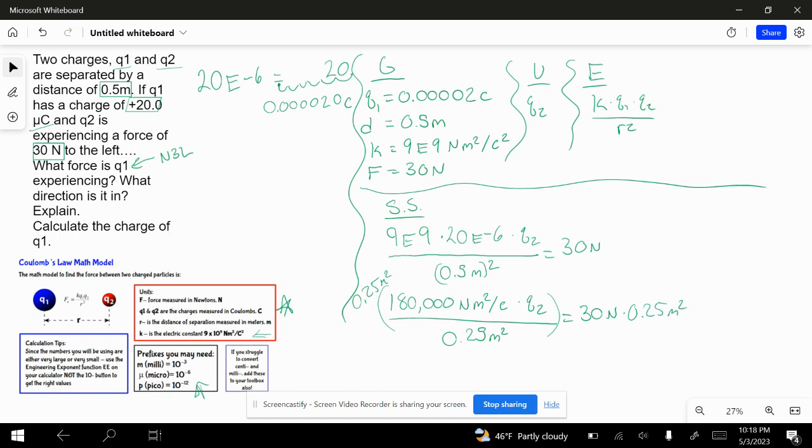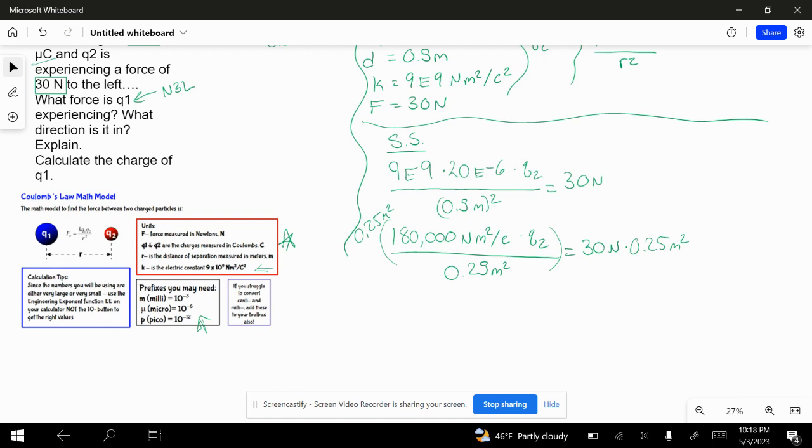All right. And then we have 30 times a quarter is going to give us 180,000 newton meters squared per coulomb times Q2 is equal to 7.5 newton meters squared.